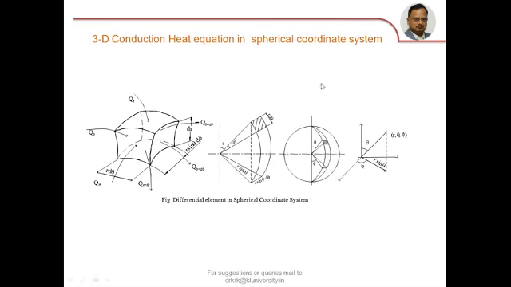You can observe, when compared to the Cartesian system, understanding the polar coordinate system is slightly difficult, and the spherical coordinate system is a little more difficult. So you should possess the imagination to predict the element in a three-dimensional conduction spherical coordinate system.